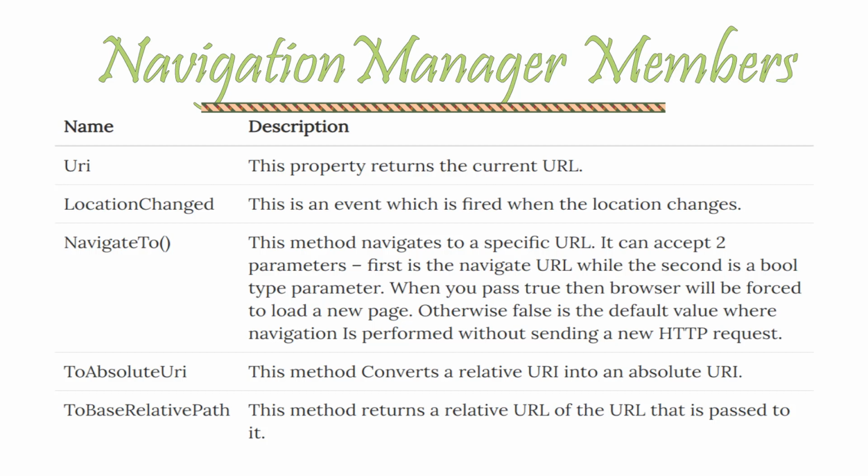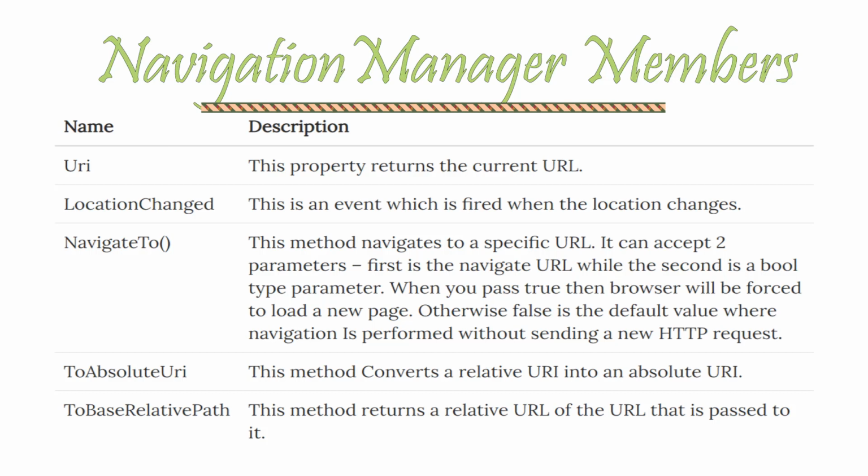Number one is the Uri property, and it returns the current URL of the component. And the second one is an event, LocationChanged. It is fired when the location changes, meaning the URL changes, then this event is fired and you can handle it.